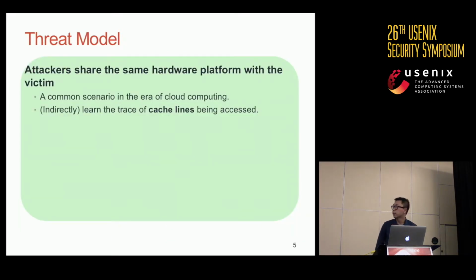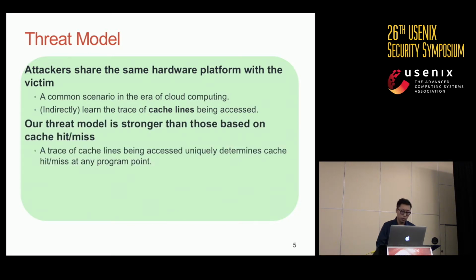All right, so this is the threat model of this project. Essentially, we assume the attacker would share the same hardware platform with the victim, which is a pretty standard assumption. And we assume the attacker can either directly or indirectly learn the trace of cache lines being accessed. Generally speaking, our threat model is stronger than those based on cache status, the hit or miss.